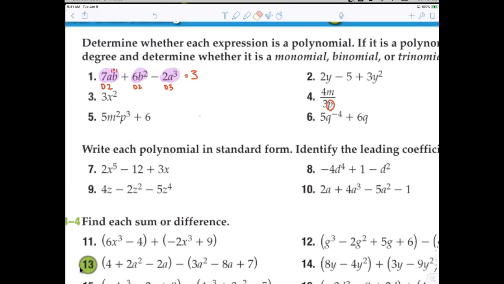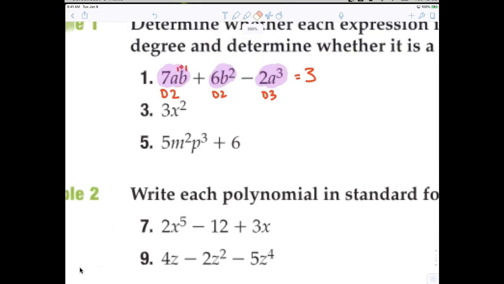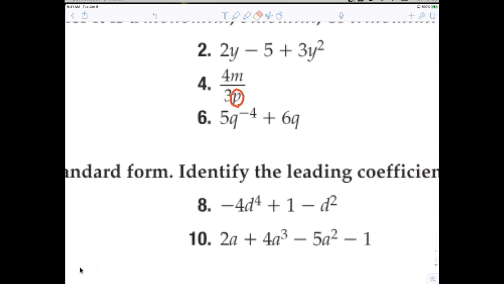Terms are separated by addition and subtraction. Number 3 is a monomial. There's one term. 5 is a binomial because it's 2 terms. 1 is a trinomial. It's 3 terms. 6, listen carefully. 6 is neither. It's not a polynomial at all. The reason is the exponent is negative.